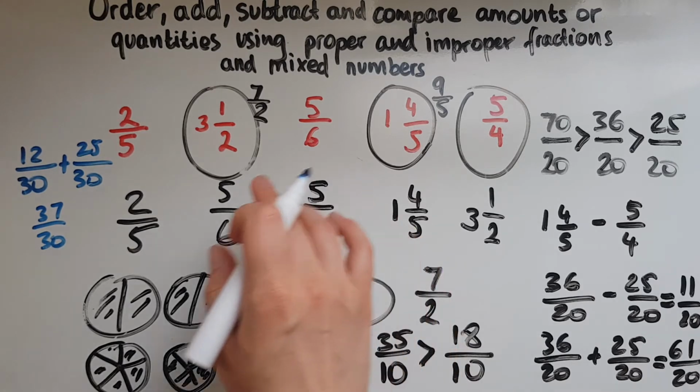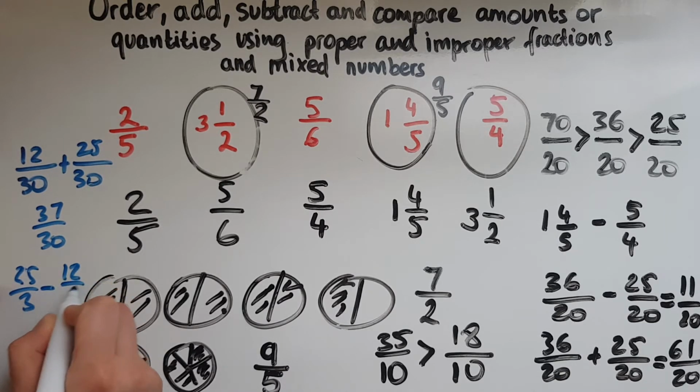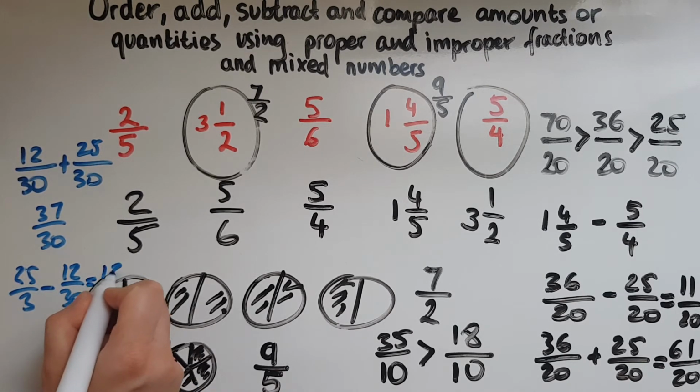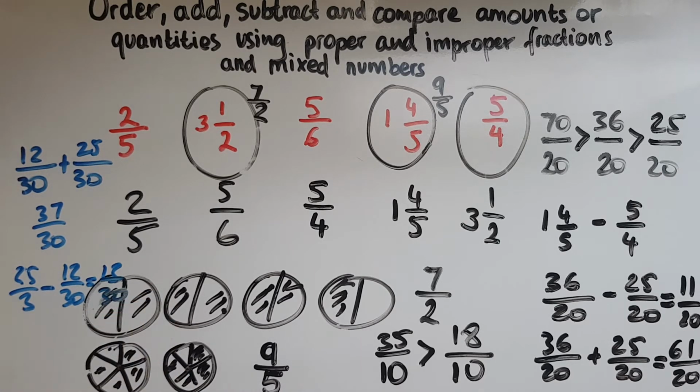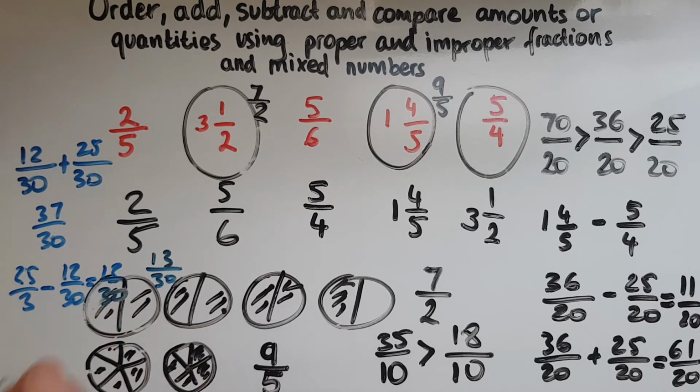If you want to subtract 2/5 from the 5/6, then we'd have 25 out of 30, take away 12 out of 30. So that gives us 13 out of 30. I'll rewrite it there.